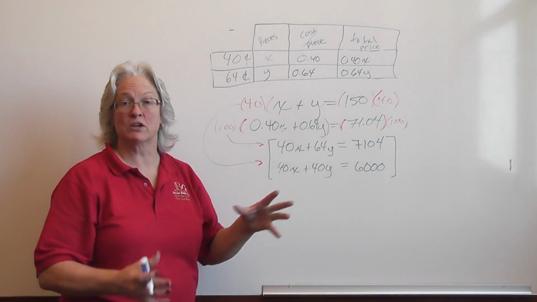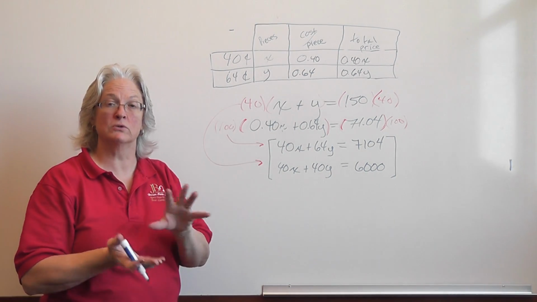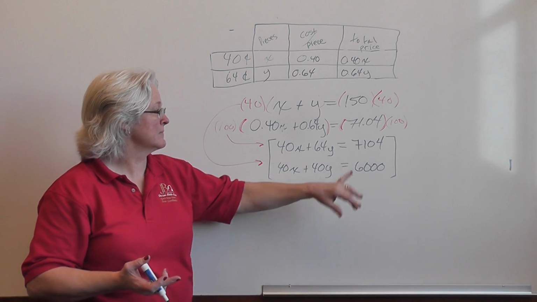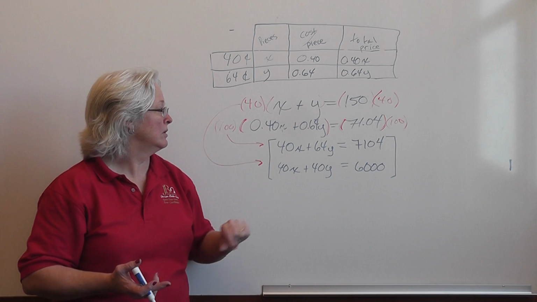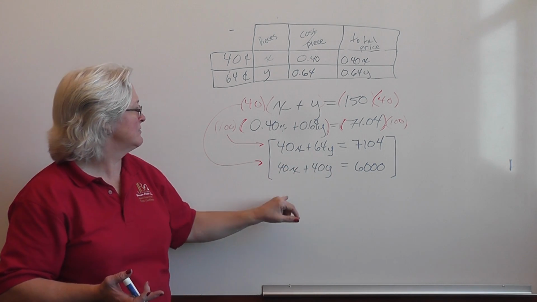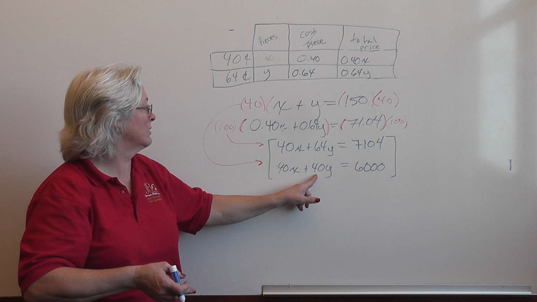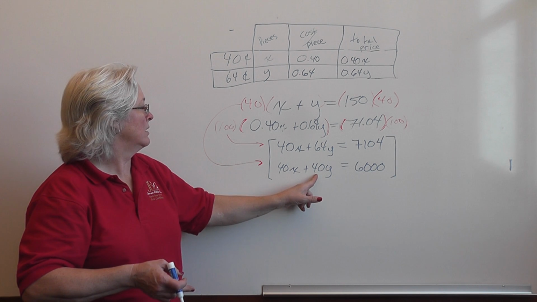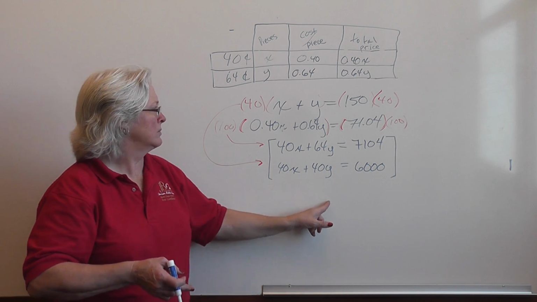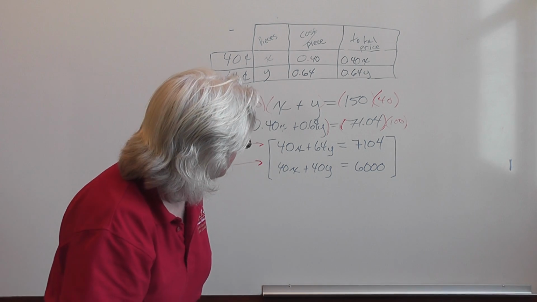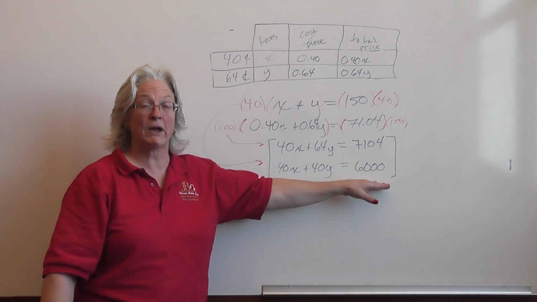These two equations here are the ones that I'm going to use to eliminate a variable. 40x plus 64y, 7104. I'm checking, making sure my arithmetic is right. Yep.